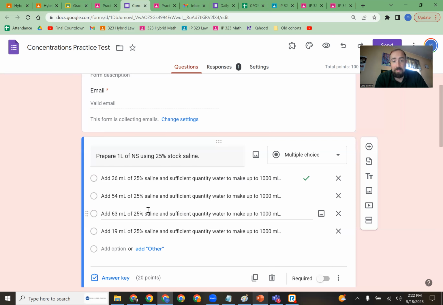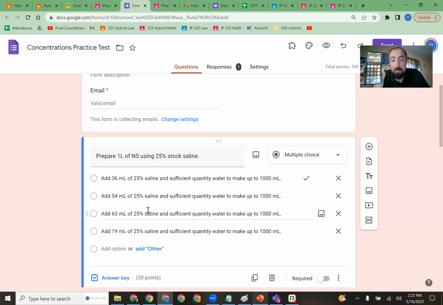So we add a sufficient quantity of water, they're not telling us how much, to get up to 1,000 ml. Without having to subtract the 63 ml of stock solution from the 1,000 ml, we can just take the amount of salt that we know is in 63 ml of the 25% stock solution.